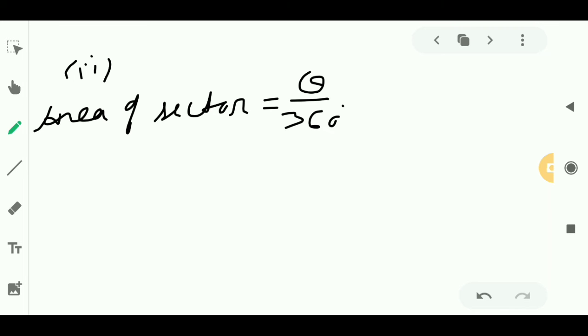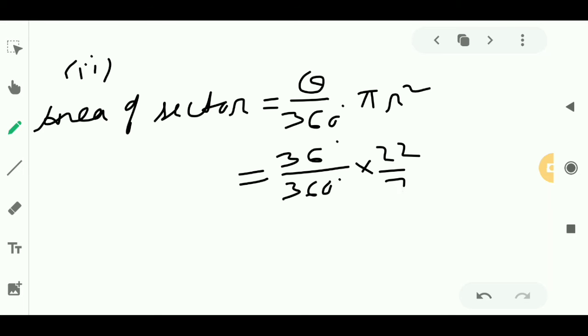And now number 2, we are going to find the area of a sector. The formula is theta by 360 pi r square. Theta is 36 degree here, so 36 by 360, times 22 by 7, times r square, that is 35 by 2 times 35 by 2, and the unit will be millimeter square.